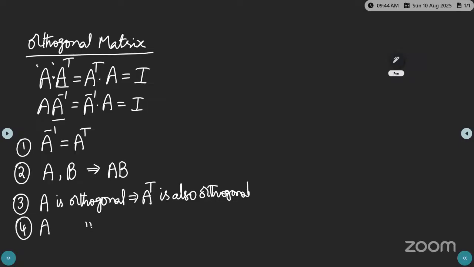If A is orthogonal matrix, then A inverse is also orthogonal matrix. Everything you may note or you may have the proof of it.